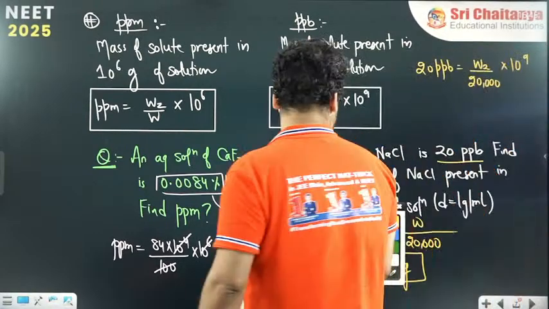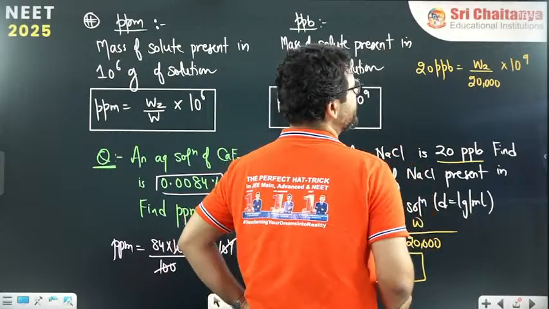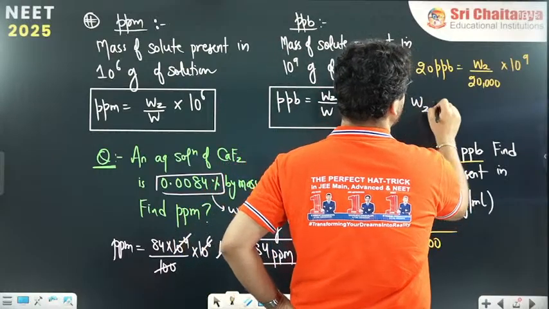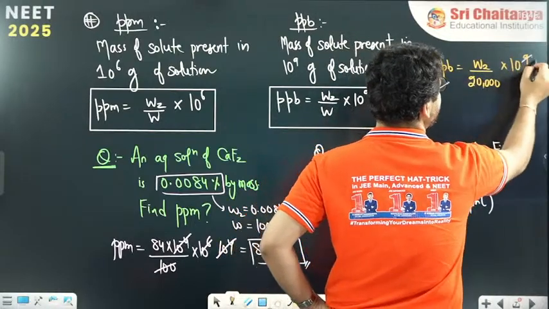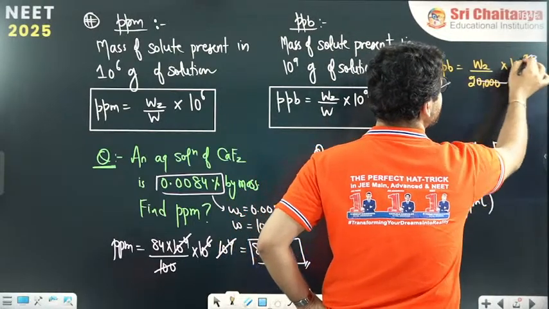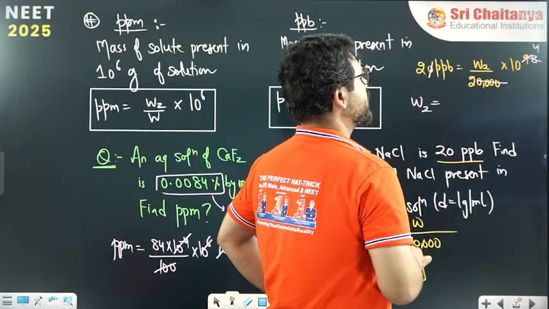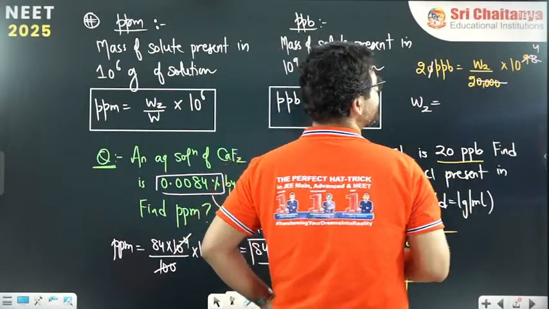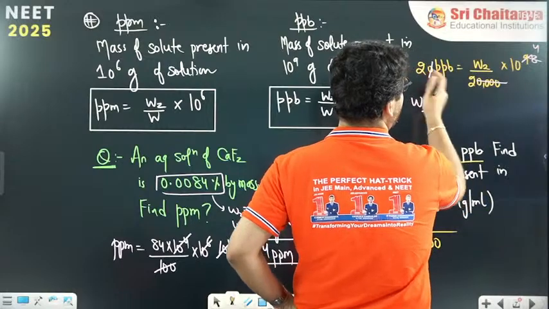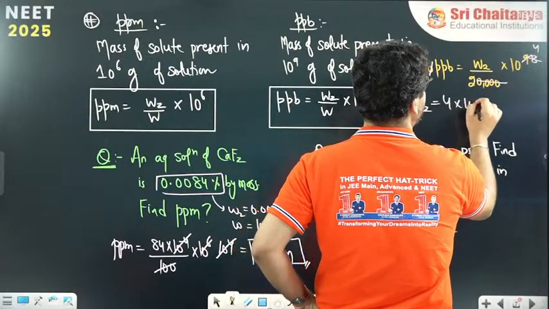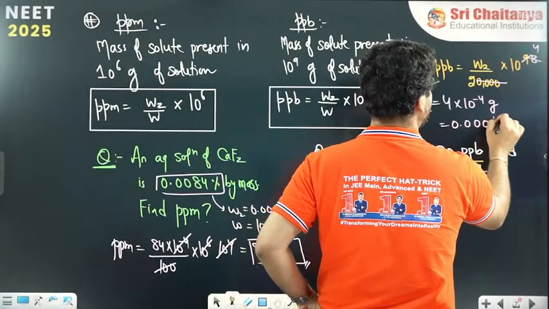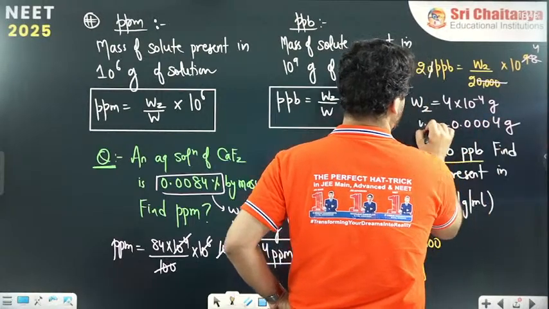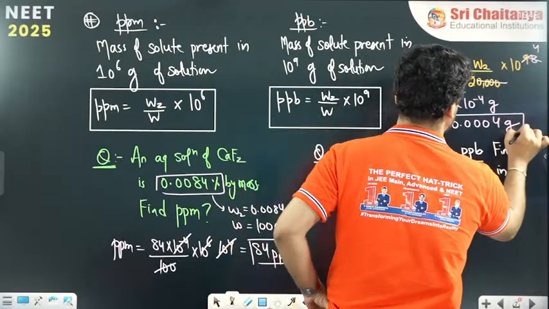So from here W2 comes out to be 4 into 10 to the power minus 4 gram, which is 0.0004 grams. This is the weight of NaCl present.